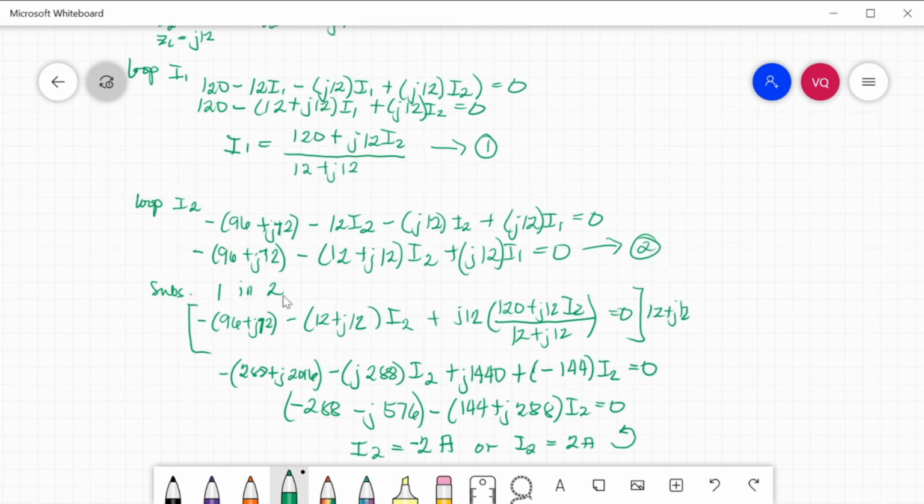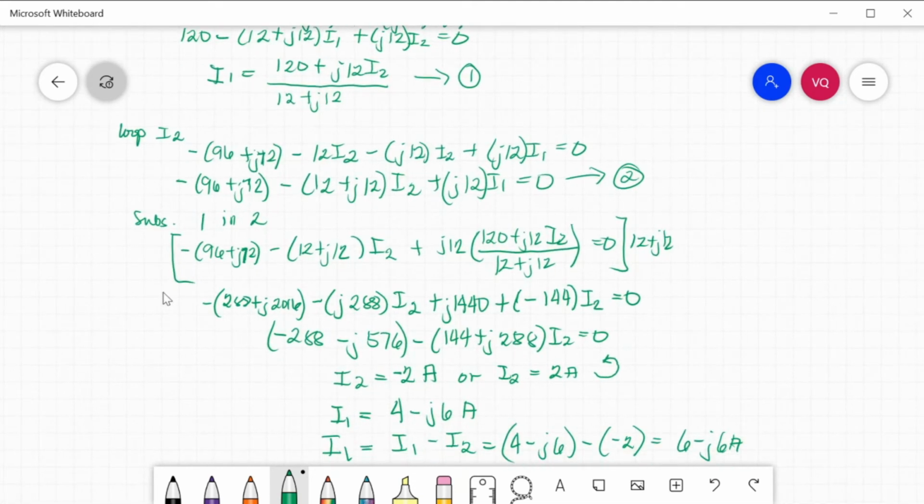Substitute now I1, equation 1 into equation 2. So we will get negative (96 plus j72) minus (12 plus j12) I2 plus j12 times I1, where the value of I1 is (120 plus j12 I2) divided by (12 plus j12), is equal to 0.